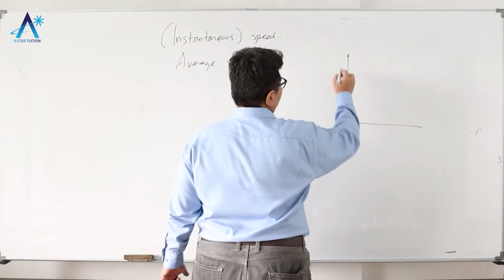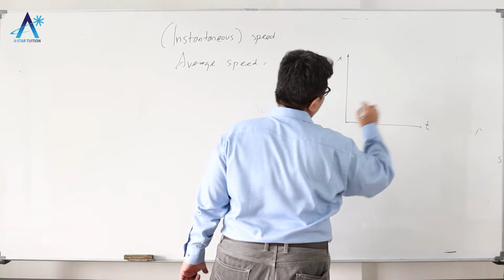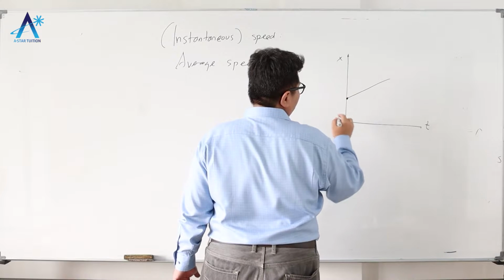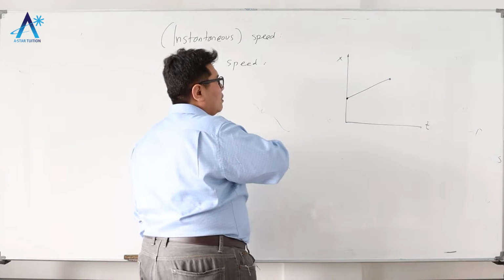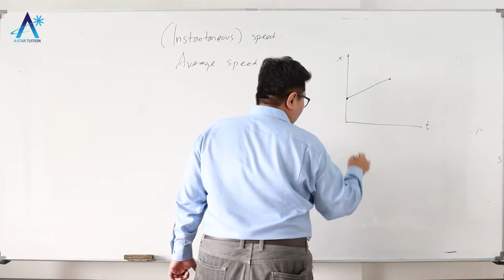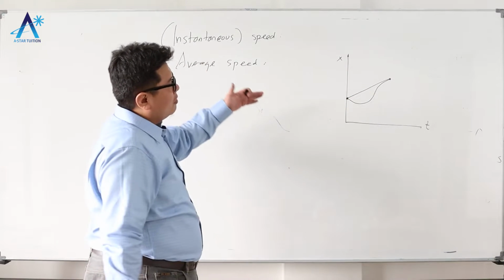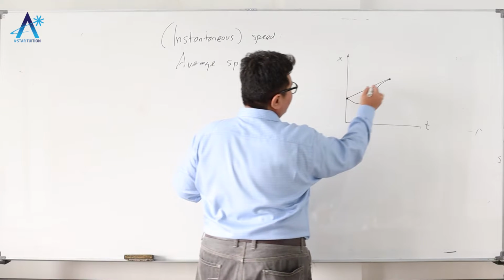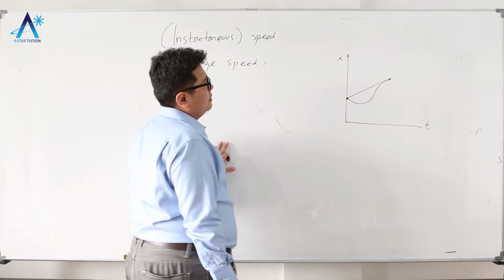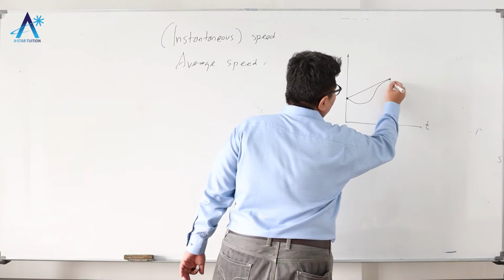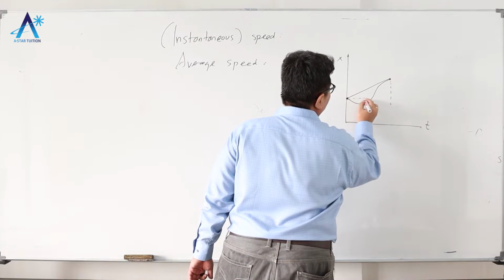So if you have the position function of time, you can simply find the initial point and final point, and connect them with a straight line, even though the graph itself is not a straight line. Maybe the graph is like this, but you can just draw a straight line connecting the initial and final points. And then from there, you divide the rise over run.